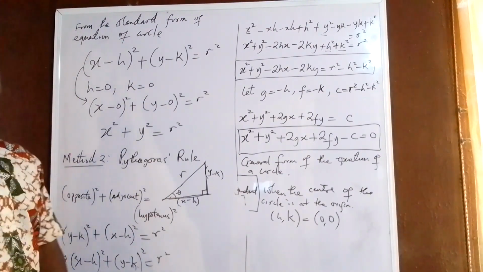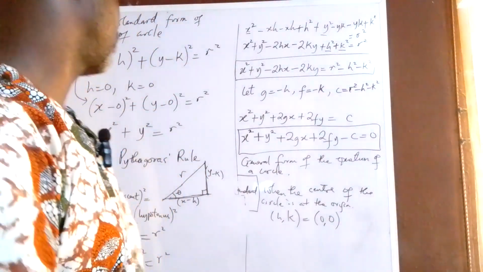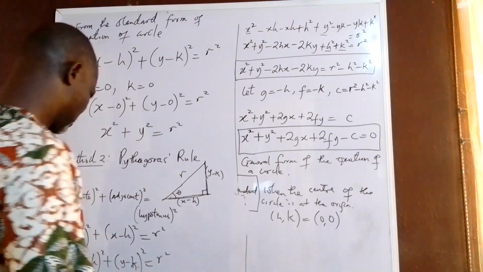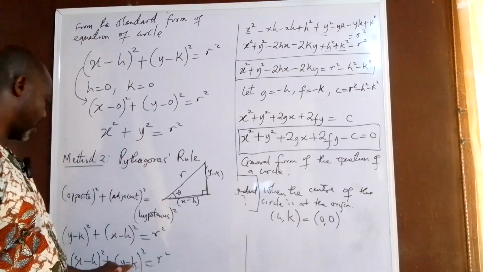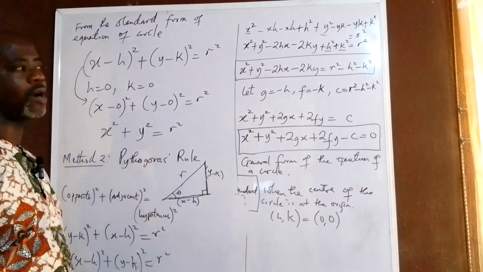So that is where we have the standard form of the equation of the circle, from the Pythagoras rule.